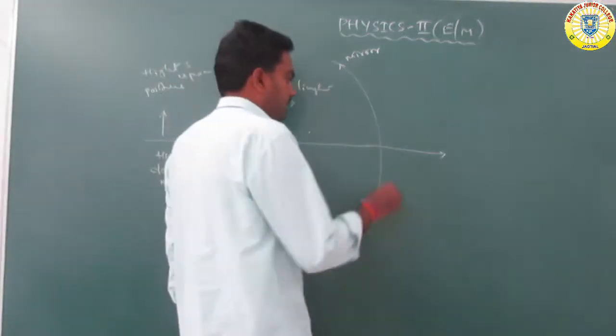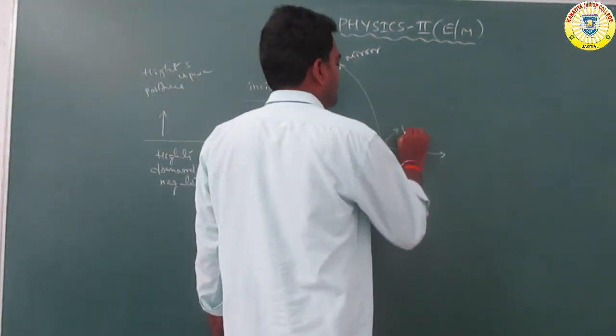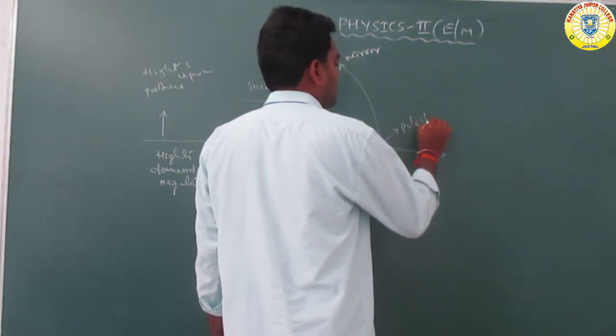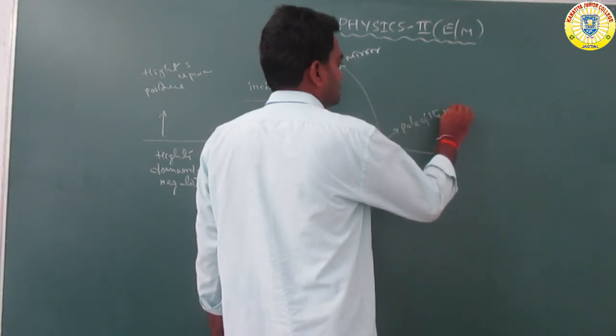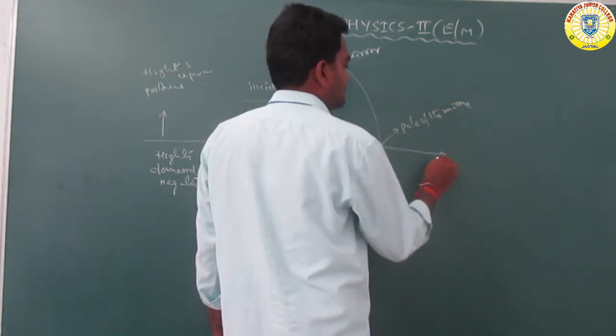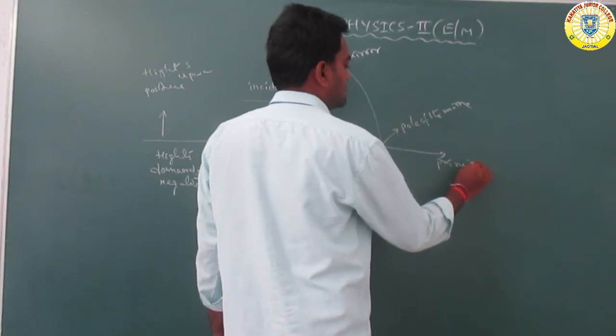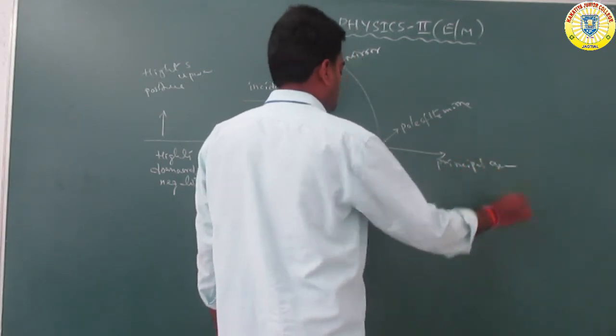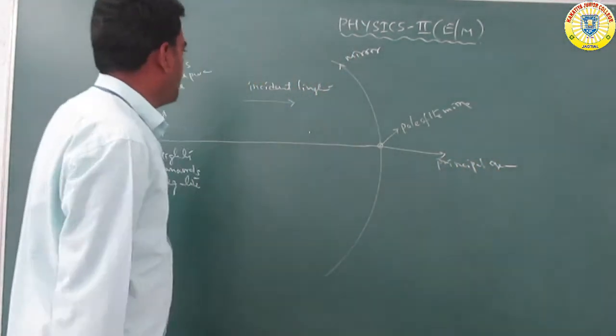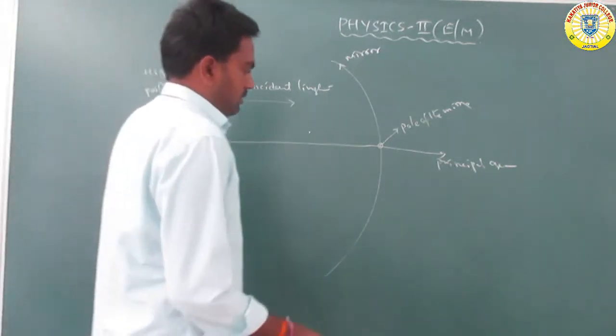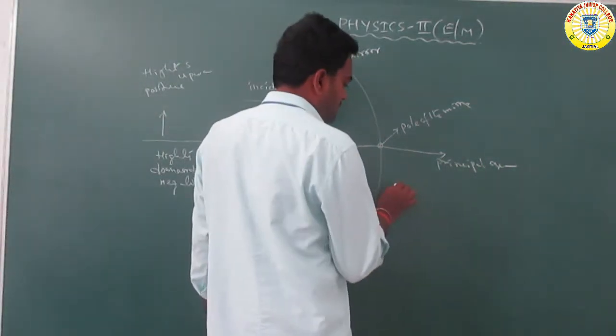This is called the pole of the mirror, and this is called the principal axis.